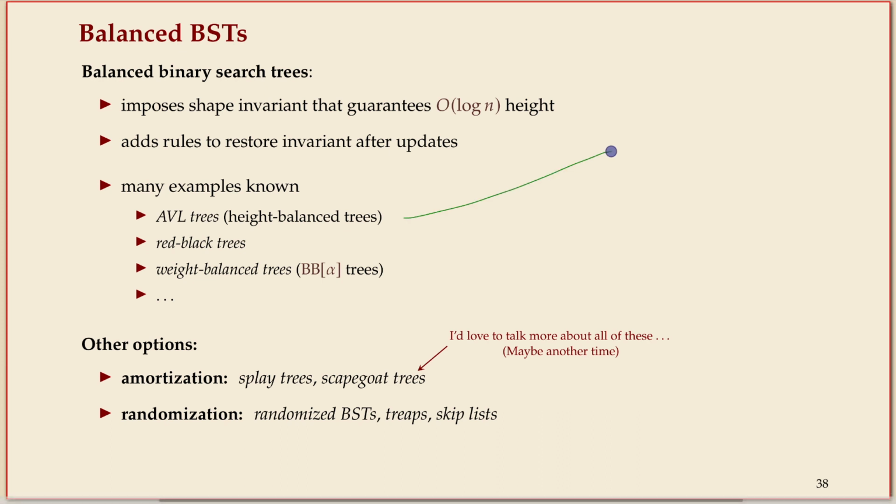Just to make it concrete, for AVL trees, the invariant that we have is as follows. If you have any node, then it has potentially 2 subtrees. And then the height of the 2 subtrees, say if this is the left height and this is the right height, then they may differ by at most 1.